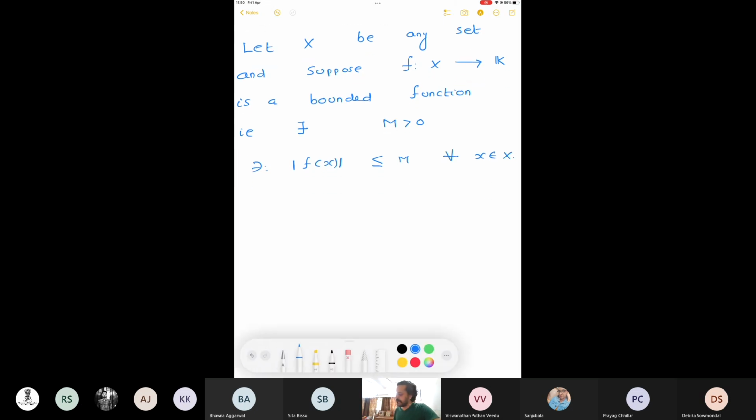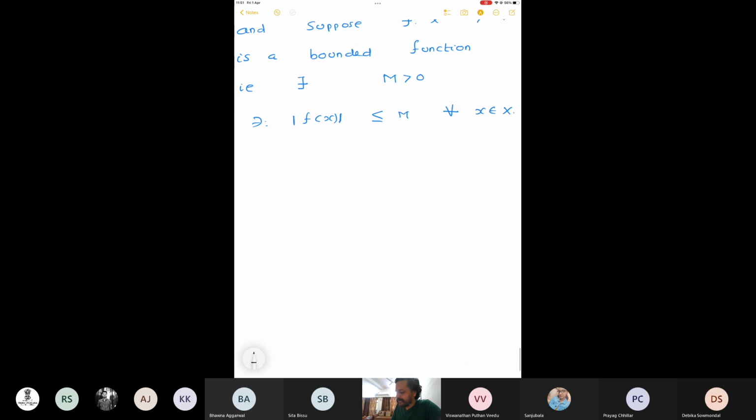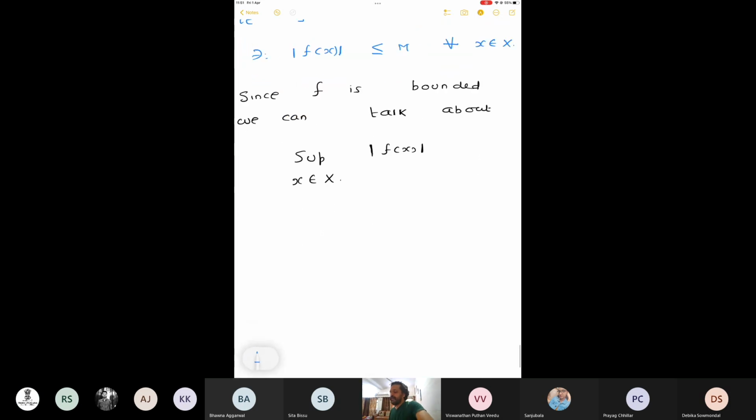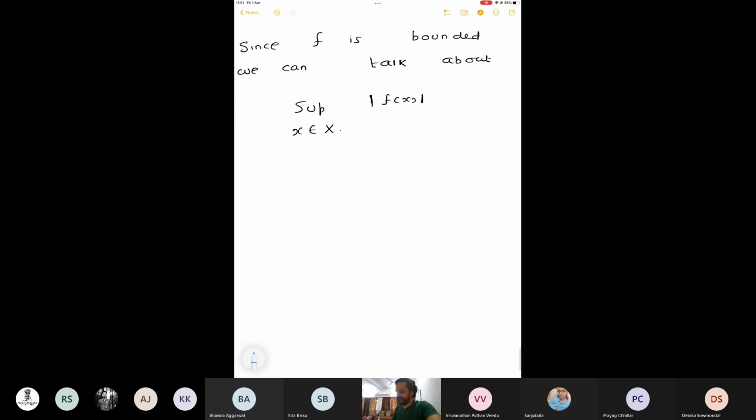Once you have a bounded function, since f is bounded, we can talk about the supremum of modulus of f of x, x in X. A well-known fact. Now, let us collect all bounded functions inside a basket.